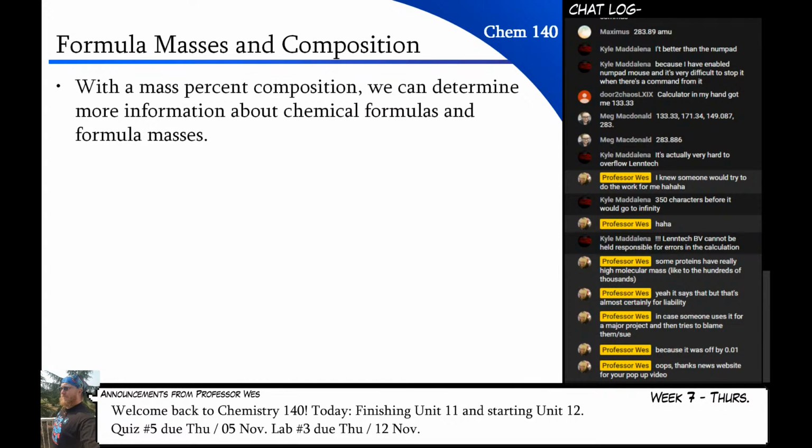What we're going to do is use the percent by mass formula and formula masses to figure out percent composition. Now, you should probably remember that percent by mass is the mass of the important thing that we care about over the mass total, times 100%.